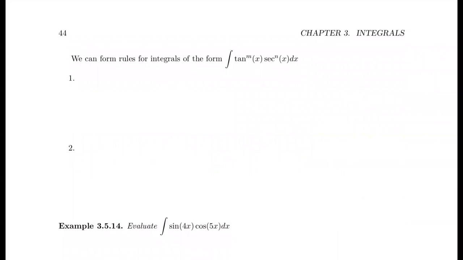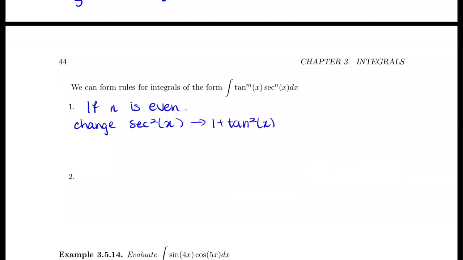All right, so let's consider the case when n is even. If n is even, then we're going to change the secant squared of x to 1 plus tan squared of x, and save one secant squared of x.